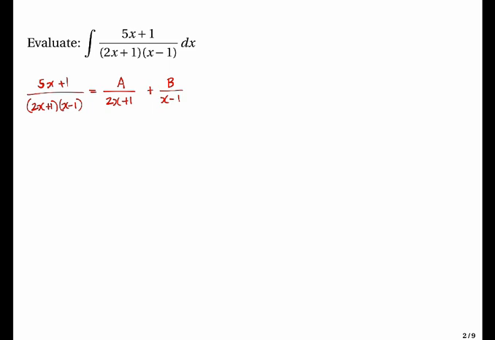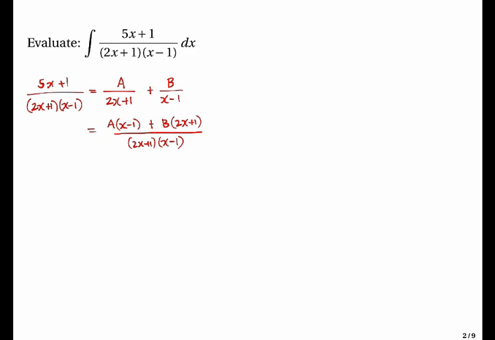And then this expression on the right hand side can be written as A times x minus 1 plus B times 2x plus 1 all over the denominator 2x plus 1 times x minus 1. Since they have the same denominator now, we compare the numerators.